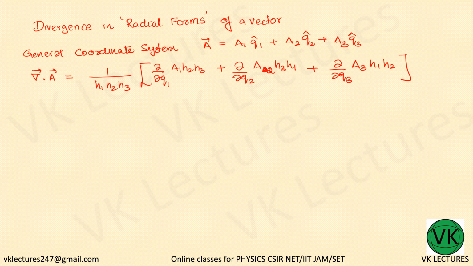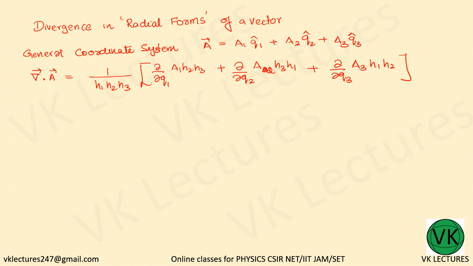This is the divergence, but only the first term will remain, because our vector is in radial form, a function of r alone. That means A is a function of r alone.